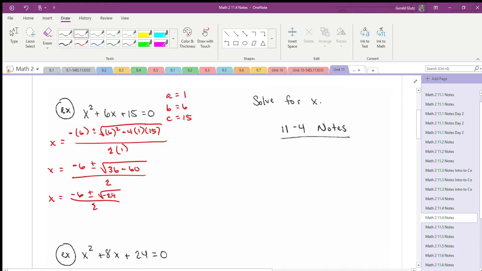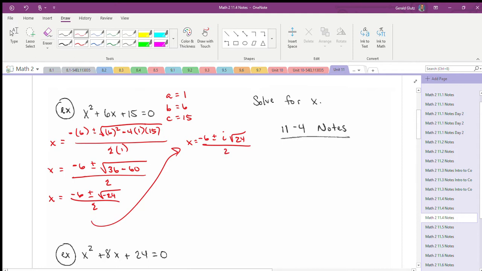We used to not be able to do that, but now we can, now that we know how to do complex numbers. So x equals negative 6 plus or minus. To get rid of that negative, I'm going to multiply the square root times i. So i times the square root of 24, all divided by 2.